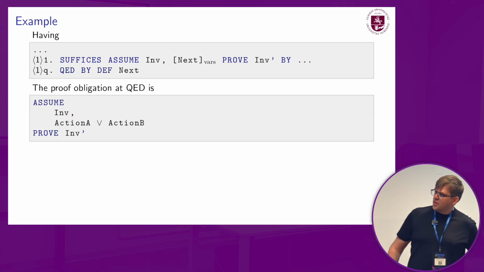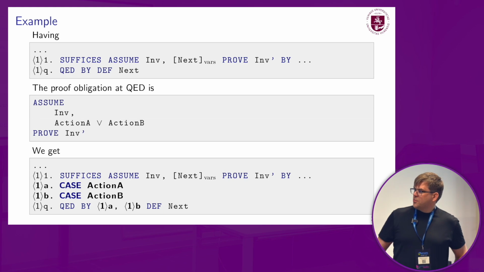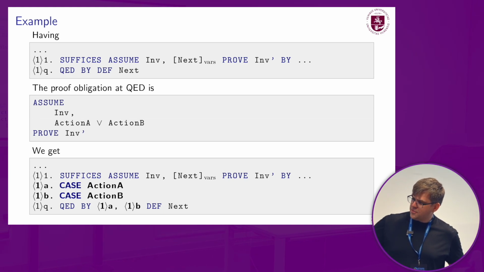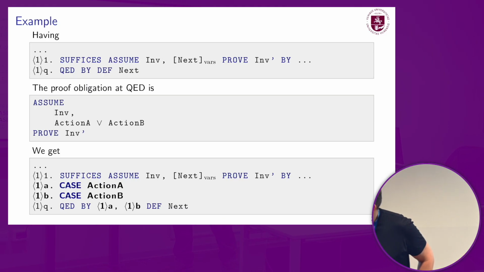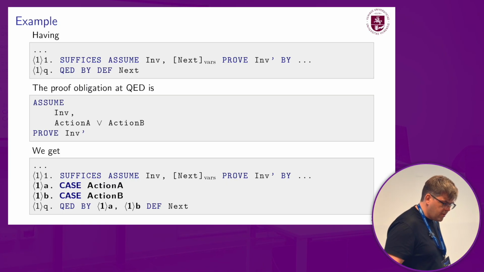And by that, you know that typically you have to do the proof by cases. If one action happens, if another action happens, and then you have all those cases included into the final step, the QED step.